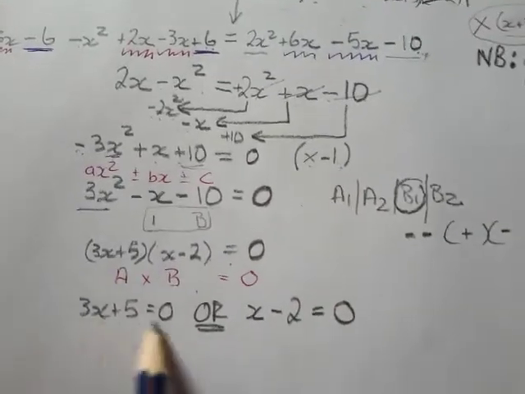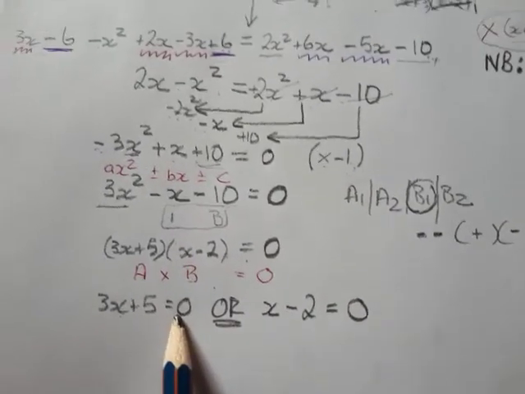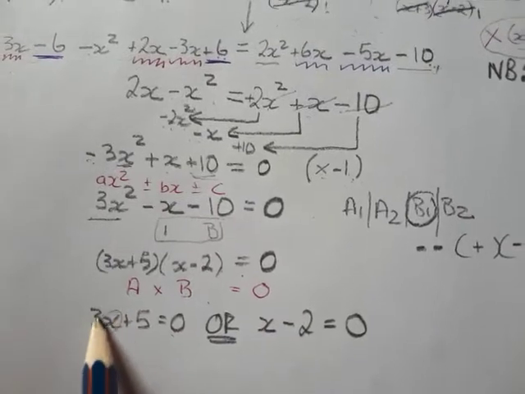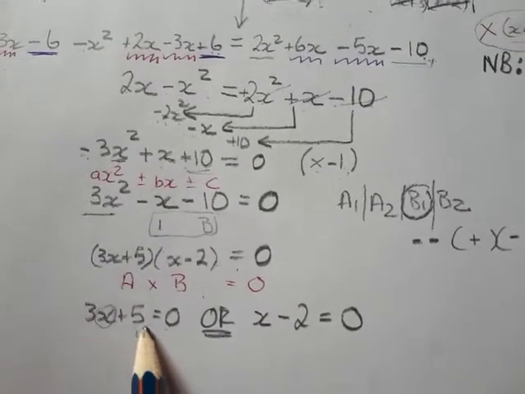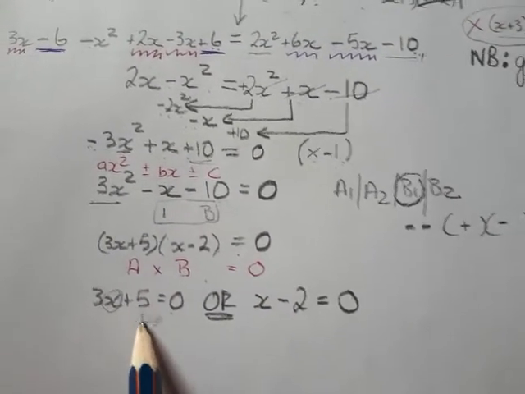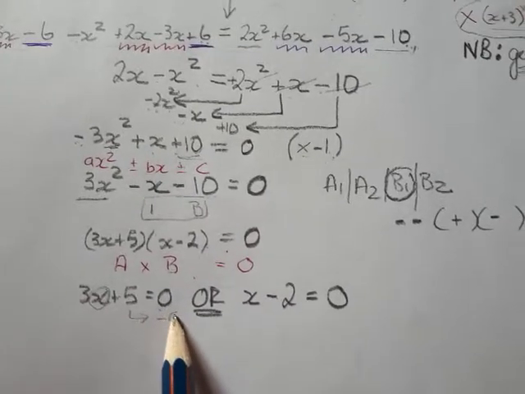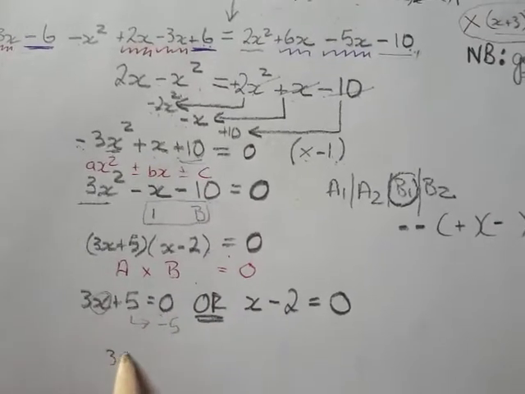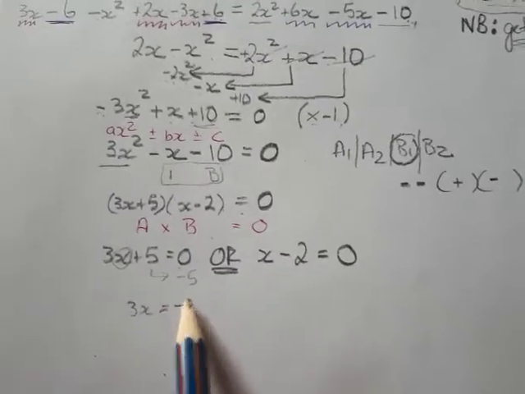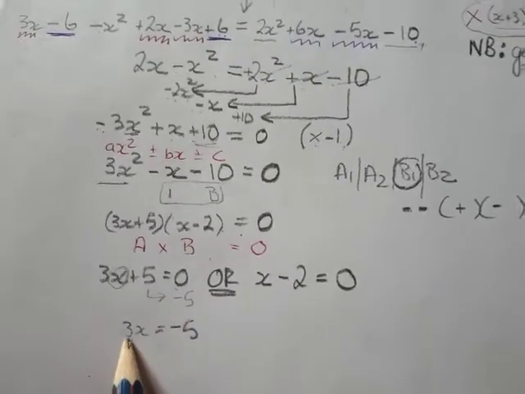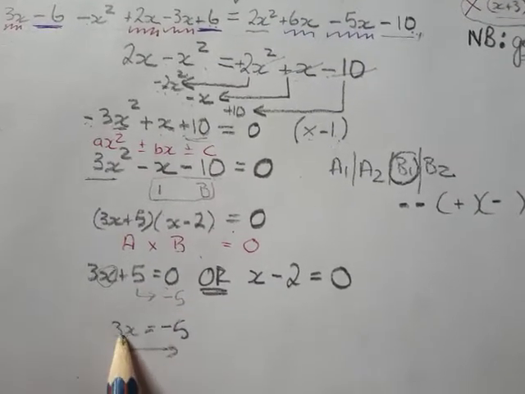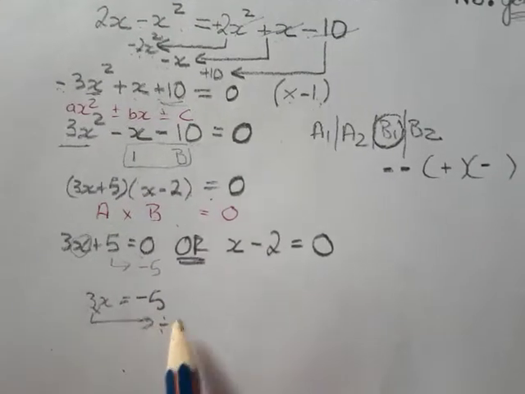And now we have a simple linear equation. So we're going to solve for x. We're going to find x by doing goro is o. Taking the 5 over becomes negative 5. So 3x equals negative 5. And then we take the 3 away. It's multiplied here, so we must divide it there.